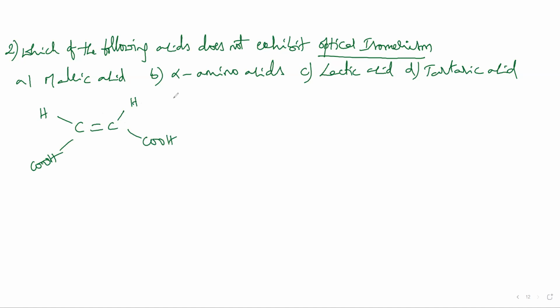Now, is this carbon having 4 different substituents? No. This carbon is not having 4 different substituents. So this is optically inactive, so it does not exhibit optical isomerism.